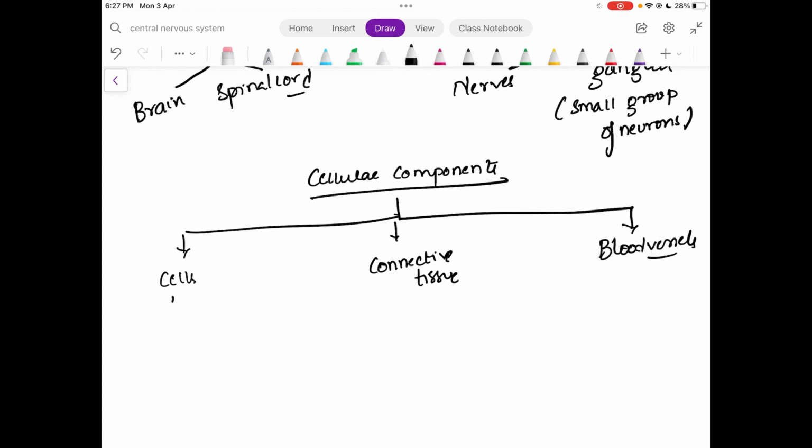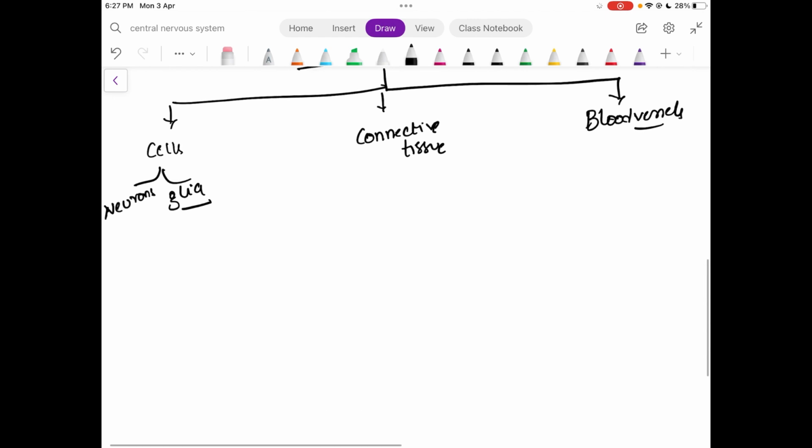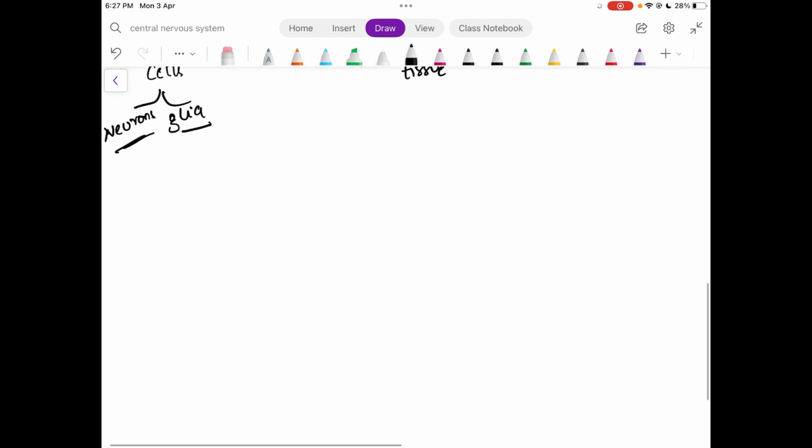In cells, we have neurons and glia. In this particular class, I will discuss neurons. Each topic we'll discuss in detail. So we'll start with the neurons.